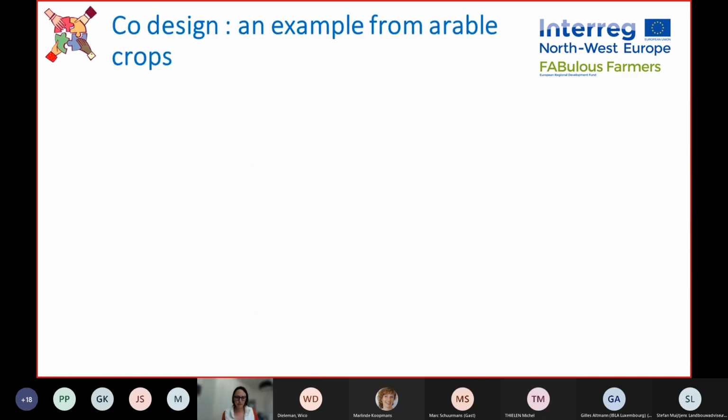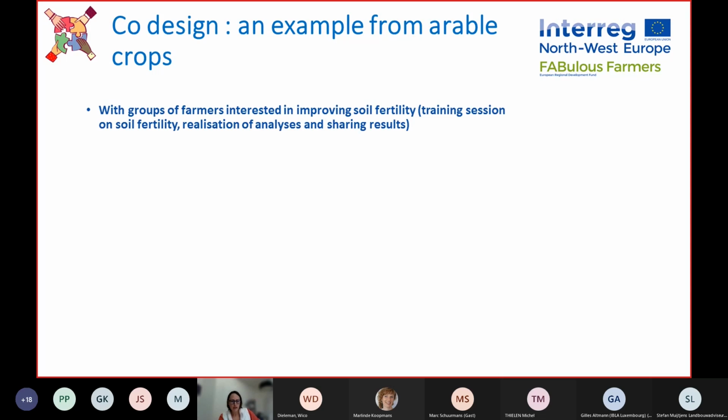Now I will give you an example from a regional project that we led in our region, in which we accompany 3 groups of farmers, 2 in arable crops and 1 with vineyard, to build new cropping systems to improve soil fertility.